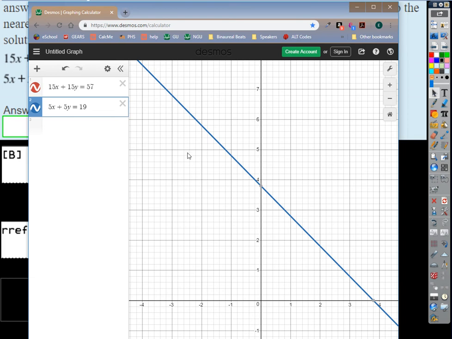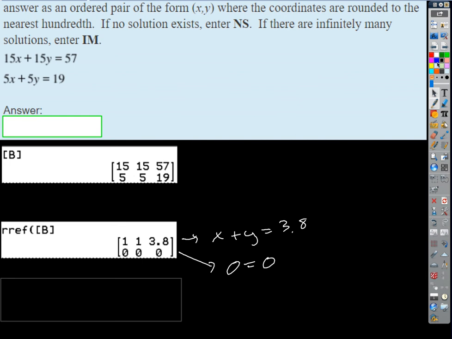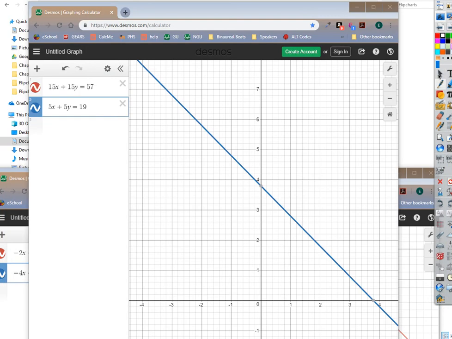Oh, I guess we didn't. But what is the slope? If I take this equation and solve for y, 5y equals negative 5x plus 19. If I divide both sides by 5, don't I get negative x plus 19 over 5, some number? So the slope is negative 1.